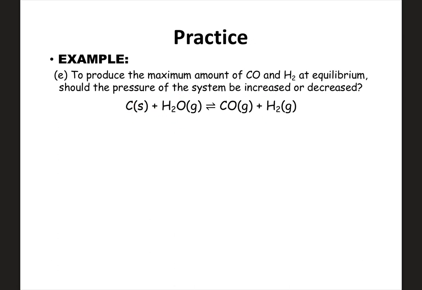So if we want to form more of the CO and the H2, you have to think about what we should do to the pressure. If you decrease the pressure, it's going to shift to the side with more molecules of gas to increase that pressure.